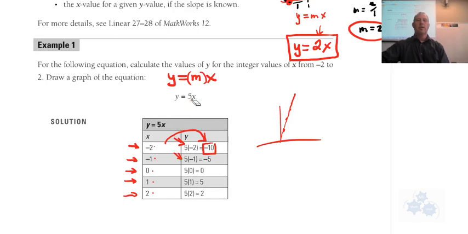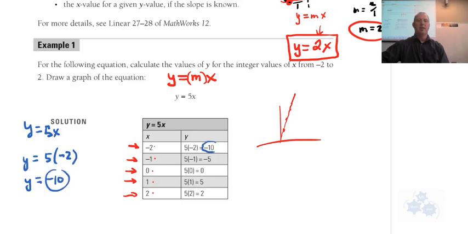So this is what they did, okay? Watch what they did. Y equals 5x. If x is -2, they simply put -2 in for x, and they calculated y to be -10. That's why you see it here. So -2 goes with a y value of -10.